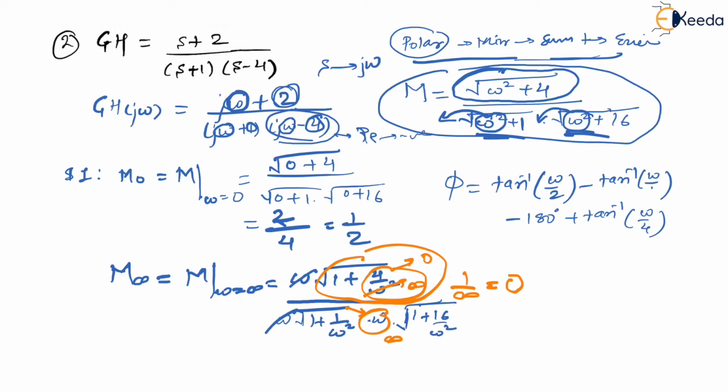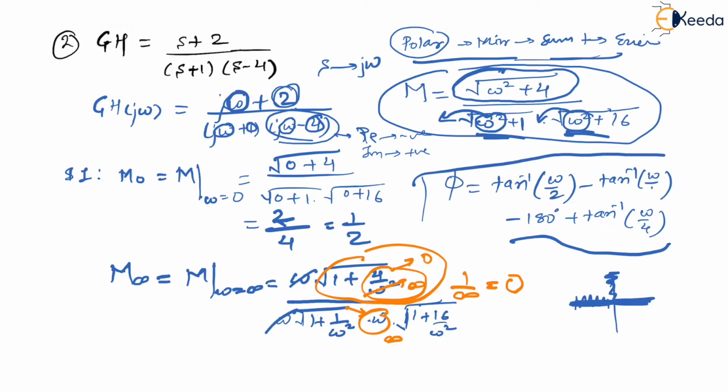If real part is negative and imaginary part is positive, it means it is lying in which quadrant? Real part is negative and imaginary part is positive, so it is lying in the second quadrant. So for the second quadrant, this is the angle we have already seen, right? Yes, so this becomes your phase.